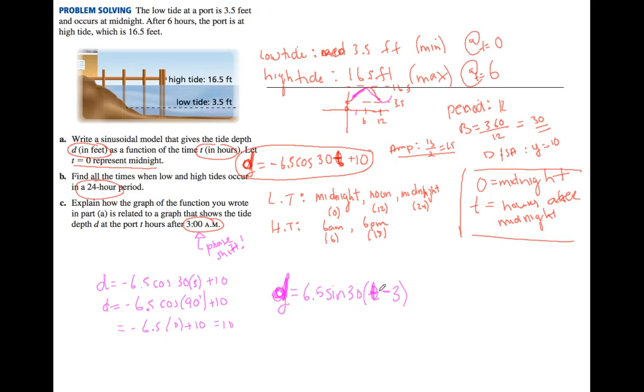So when I plug in 3, I get 3 minus 3 is 0. Sine of 0 is 0, right? So that's telling me that I'm now starting it at 3 a.m., and then still plus 10. So this is just a phase shift. It's the same. If you want to put this in your calculator and check it out, go for it. Neat. Okay, so this is our first example.